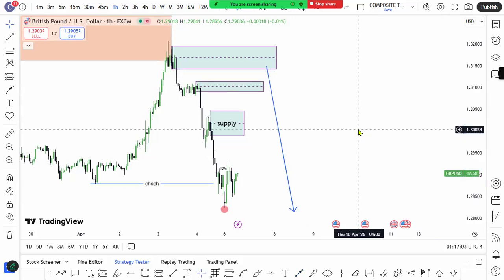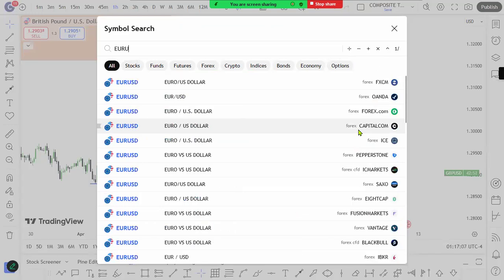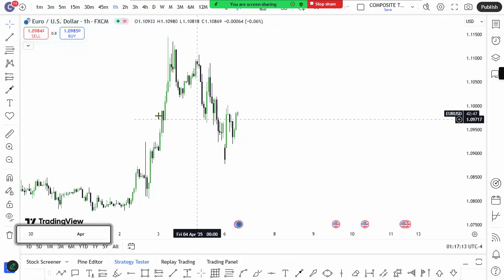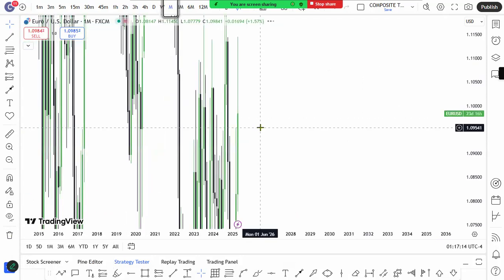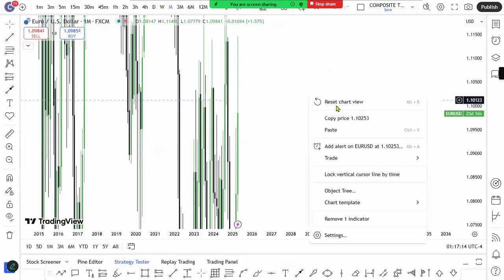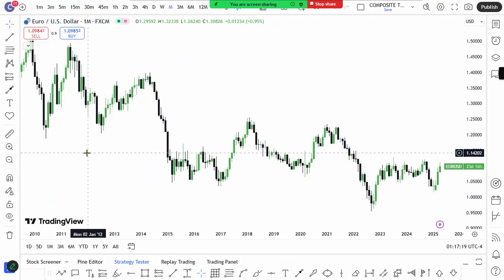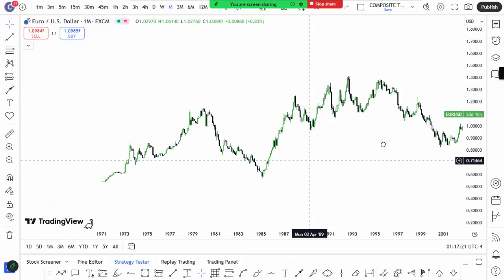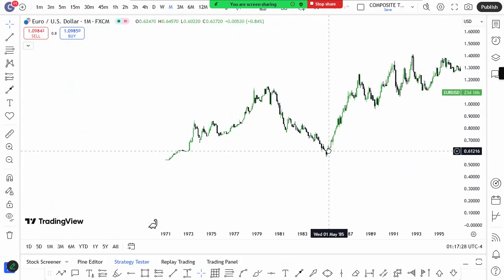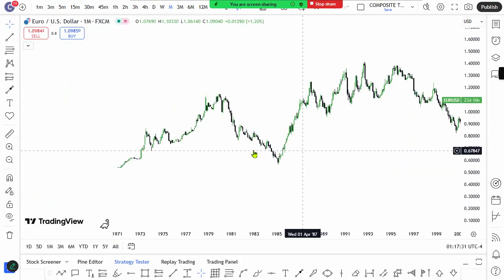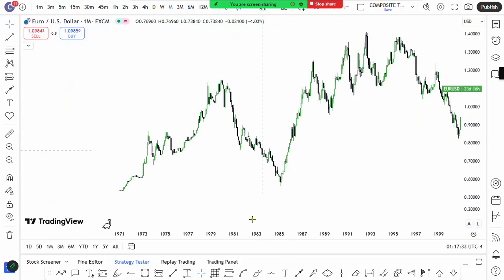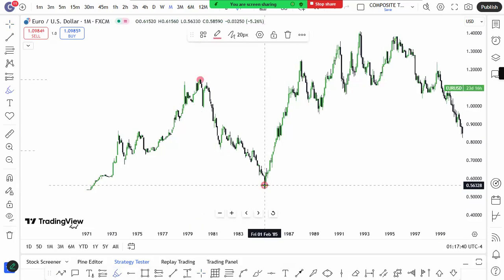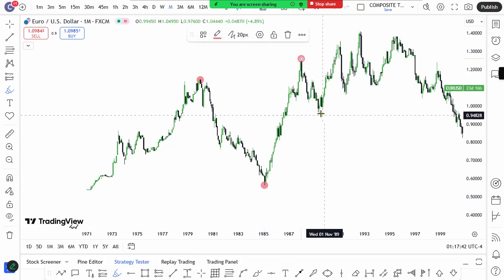So let's look at EURUSD. In EURUSD, we'll go to the monthly time frame. And when you look at it, you can tell that the trend has been bullish for all these days, but recently it's bearish. So here again, you can see tops and bottoms like that.